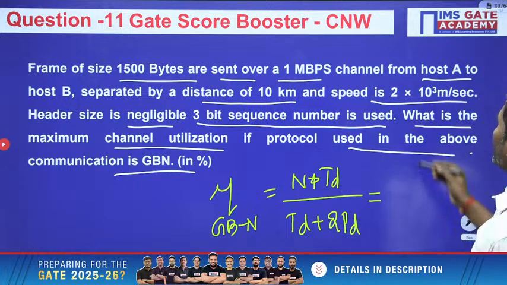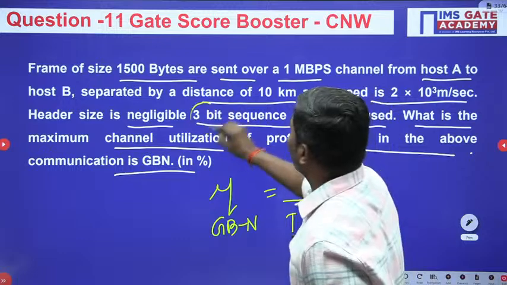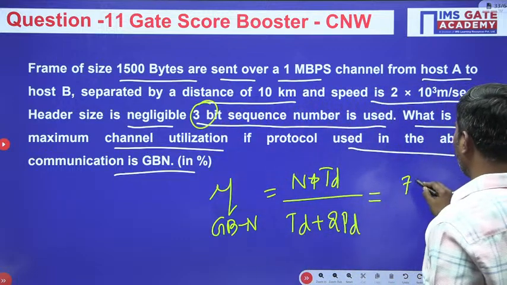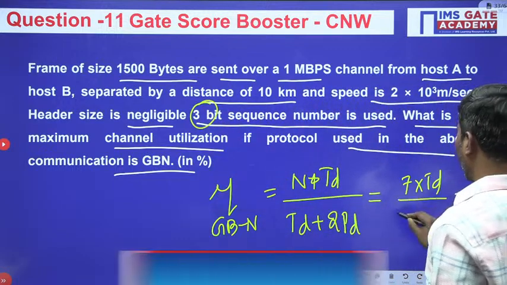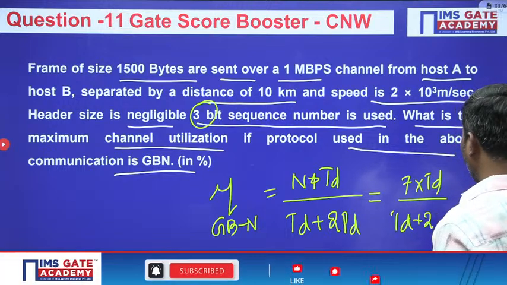Sender window size, 3 bits are there, so what does that mean? 8 numbers are possible, 7 only you should use. 7 into transmission delay by what? So transmission delay plus 2 times propagation delay, correct?